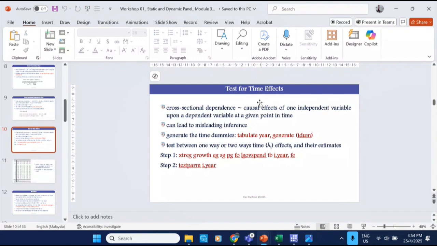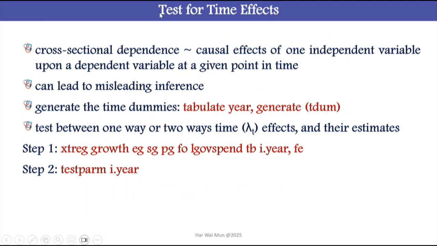Time effect. Some researchers or students will not like to test for time effect. They just want to, for example, do structural break. It's a more high level thing, like for example, COVID. They want to see the impact of COVID, or maybe they are not focusing on the impact of certain events. They'll just put a time, but they acknowledge that there is a problem during the COVID time. COVID-19 means 2020 and 2021 are extraordinary.